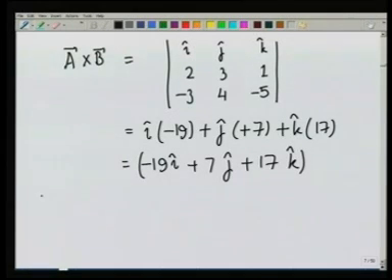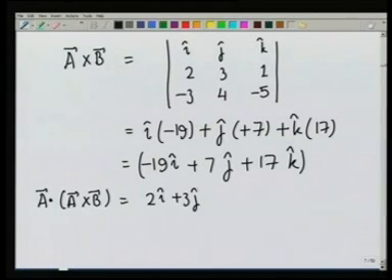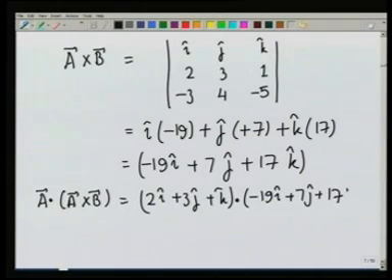Let us take A dot A cross B, which is equal to 2i plus 3j plus k dotted with minus 19i plus 7j plus 17k. Now, I can use the distributive property and show that i dot i is 1.